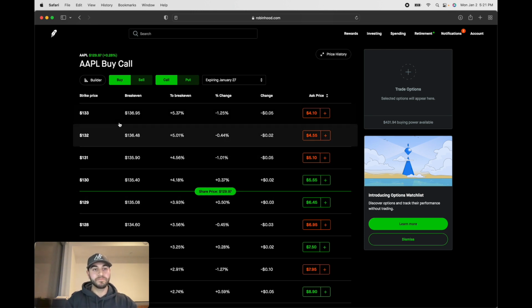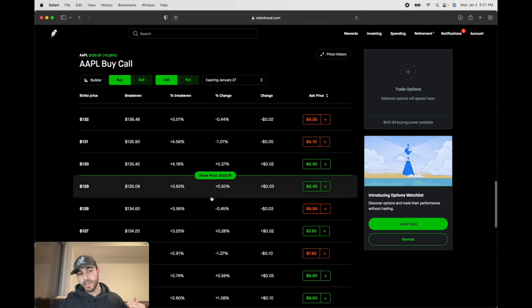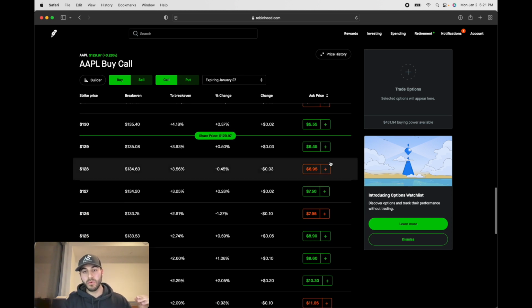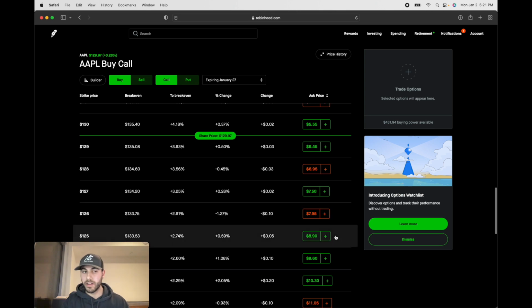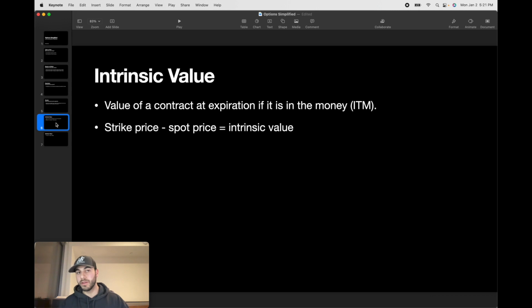For example, Apple's price right now is $129.97. That means every contract at $129 or less is going to be in the money, and it's only going to get more and more expensive to get into these contracts. The reason why is because, remember, for a contract to have any value at expiration, there needs to be an intrinsic value.